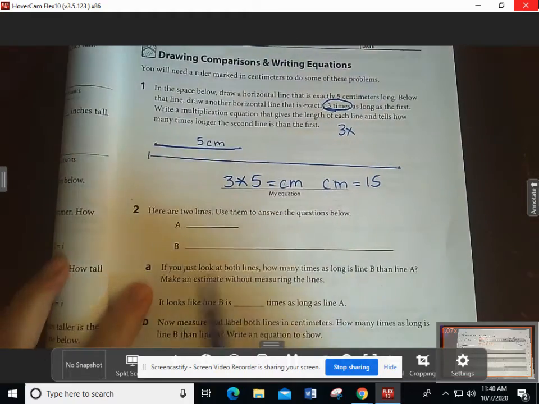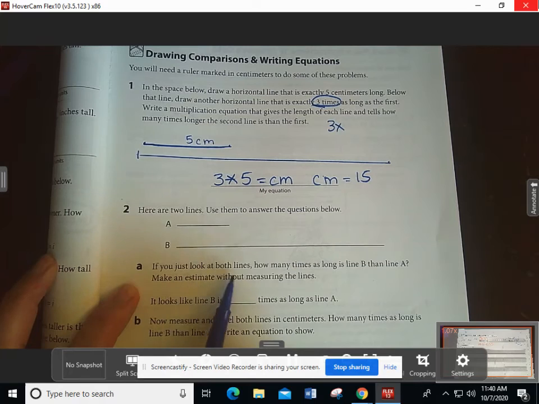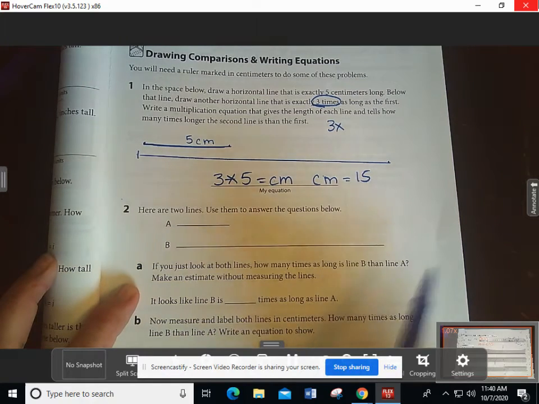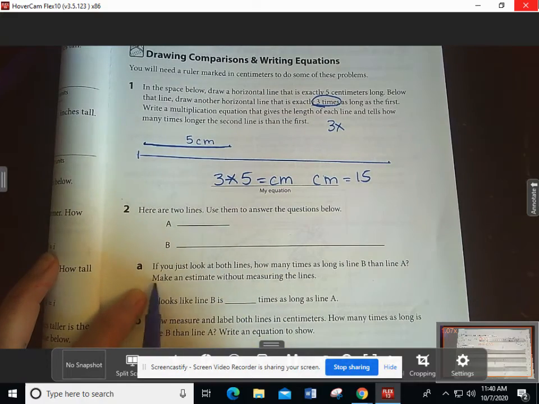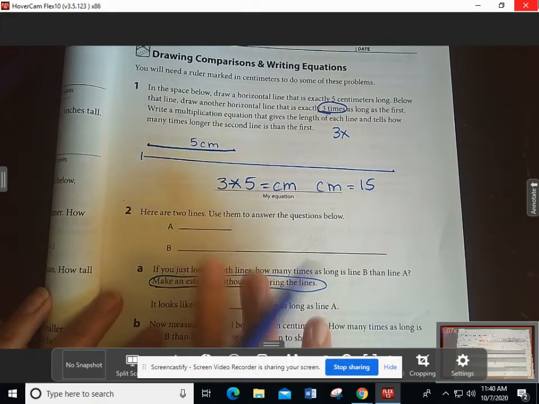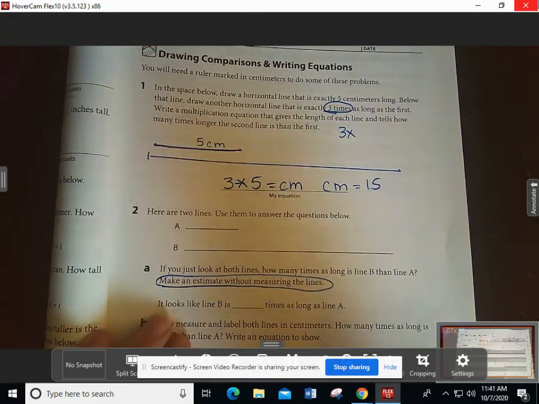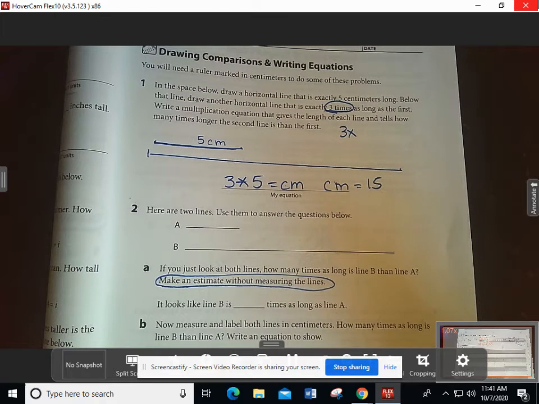Now, before we actually measure it, I want you just to look at both of the lines and say how many times longer is line B than line A. Make an estimate without measuring it. Take a guess. It looks like line B is about what? 2 times, 3 times, 4 times? What do you think? I'm looking for someone to raise their hand. What do you think, Adrian?